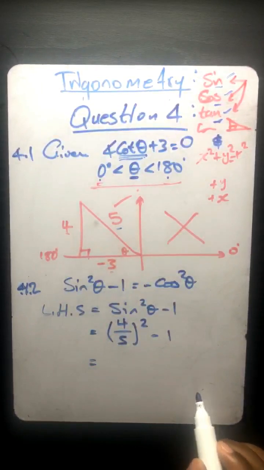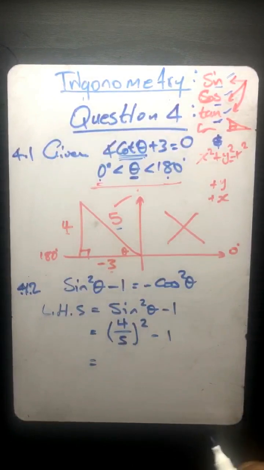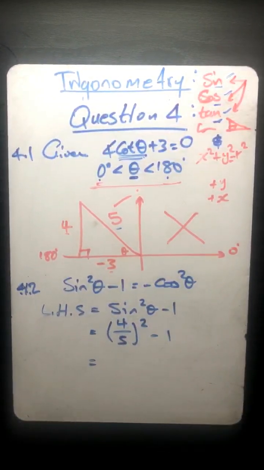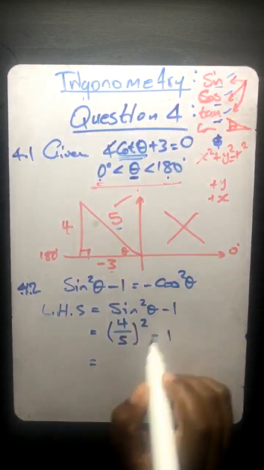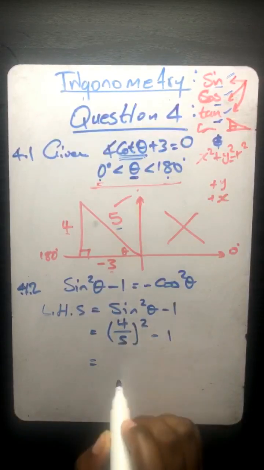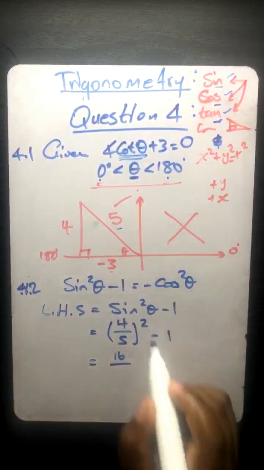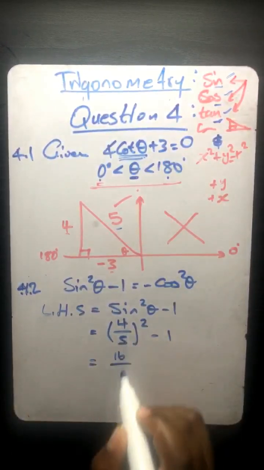Now this is where you apply the laws of exponents. You remember the lesson that we did early in January. We used the law of exponents to say this squared, what is it? Is it 16? I think it's 16. And this squared is 25.